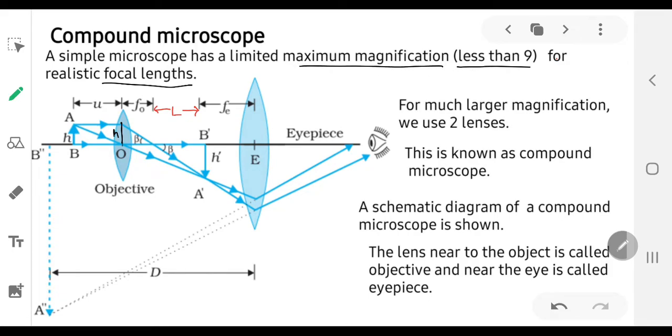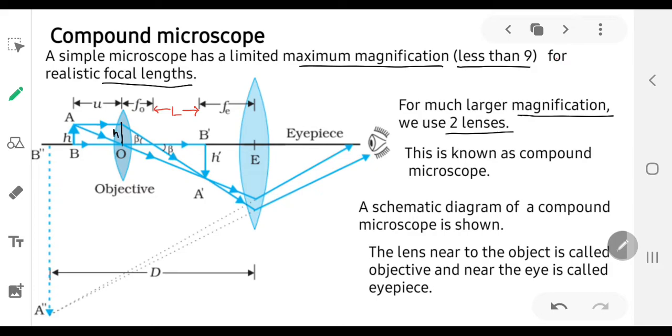If you want to have a still more enlarged image, then what to do? You have to use a combination of two lenses to have more magnification. So for much larger magnification, we can use two lenses. The microscope which uses two lenses is called a compound microscope.